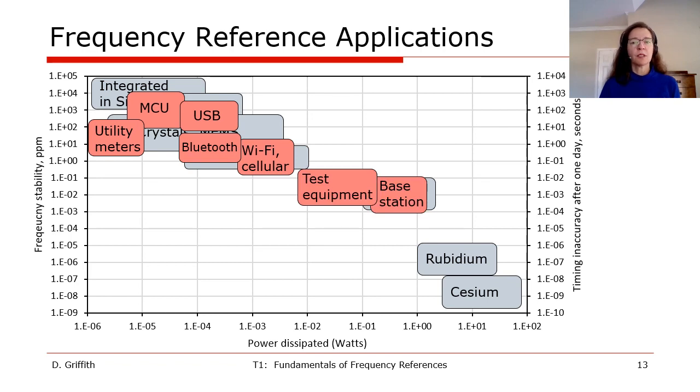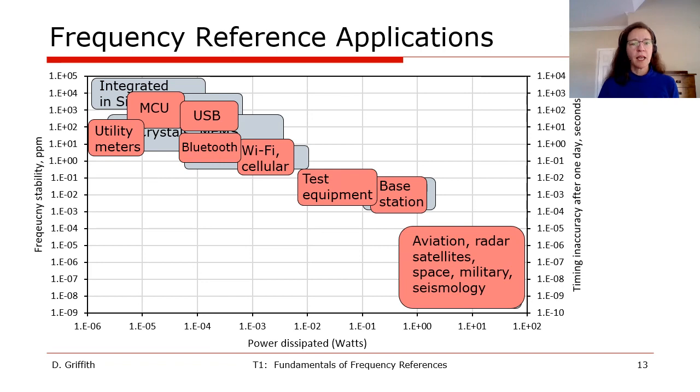The next example is test equipment and base stations, which require significantly better accuracy, this time in the range of parts per billion. These applications may use OCXOs, which are oven-compensated crystal oscillators. Finally, applications that require accuracy that can only be achieved by atomic clocks include aviation, radar, satellites, space, military, and seismology.